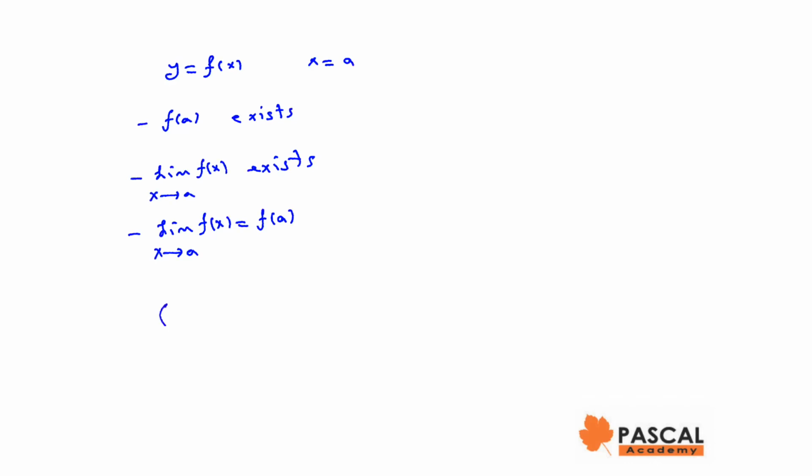If a function is continuous at every single point of an open interval, we say it is continuous on that interval. And we say f of x is continuous at x equals a from the right side when f of a exists and the right side limit of f of x at a and f of a are the same.